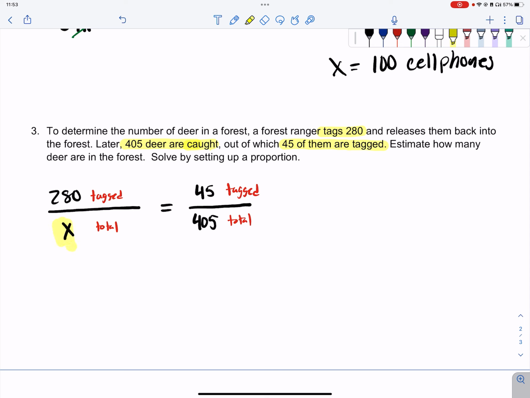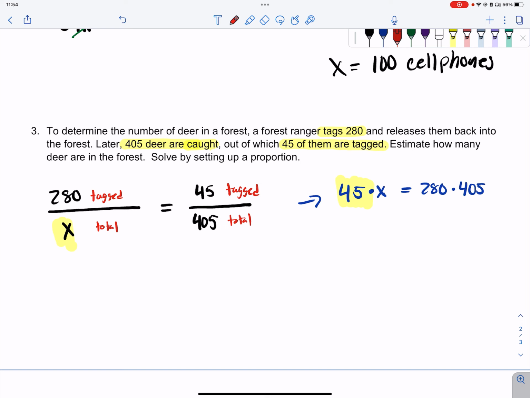x is in the denominator for this one, which means I usually go to the method of cross multiplying that we went through in the last video. When I cross multiply, we are going to get 45 times x is equal to 280 times 405. And now we want to solve this for x, and I notice that x is being multiplied by 45.